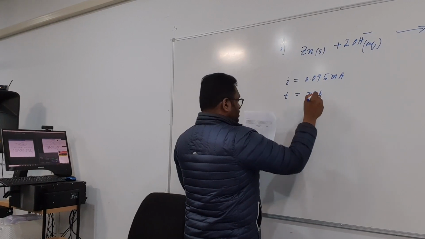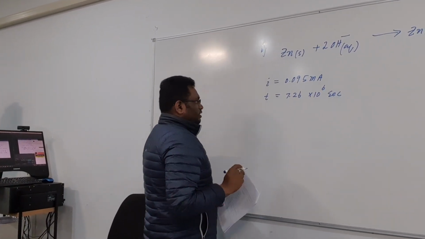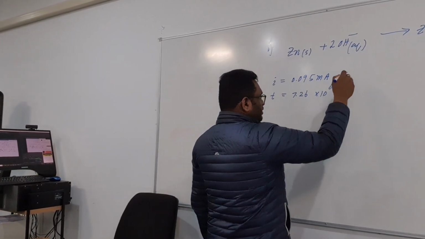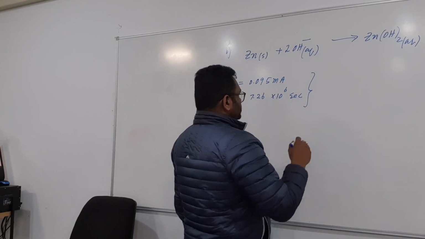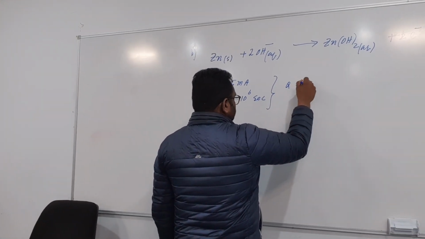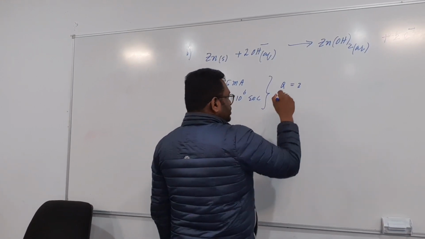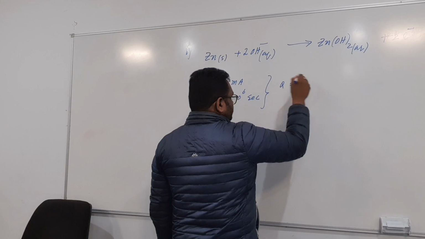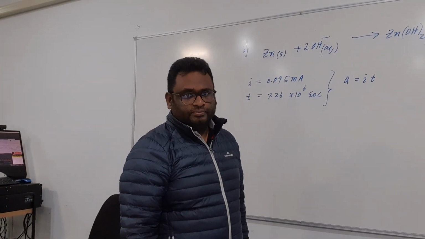12 weeks is 7.26 times 10 to the power 6 seconds, right? Now from here you can find Q, charge. So Q is equal to IT. I is rate of change of charge.